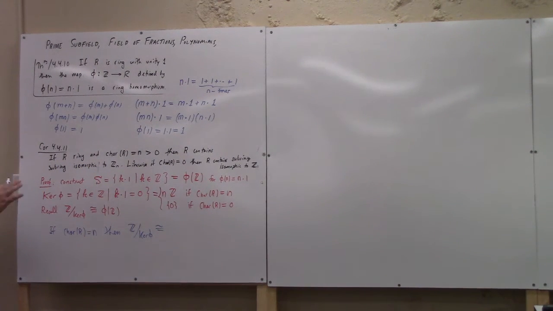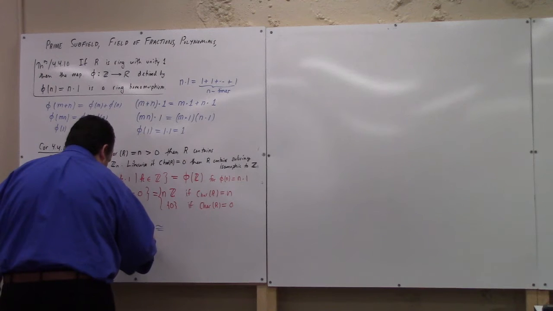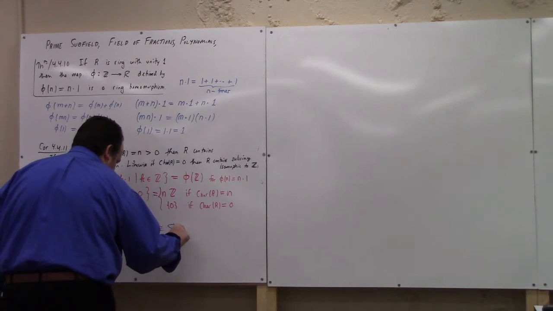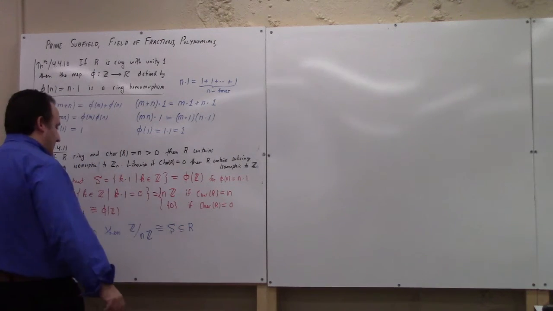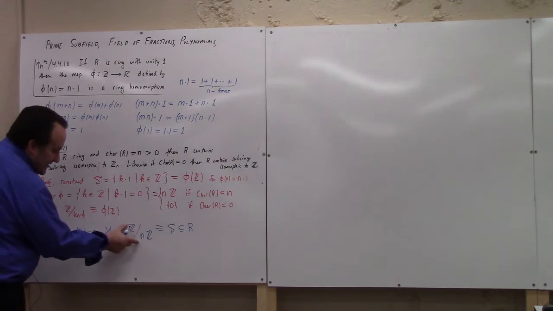Well, the kernel of phi in that case is nZ, right? That's isomorphic to S, which is a subset of the ring. So this set S that we're constructing is the subring which is isomorphic to Z mod n. See, because this is Zn, right?